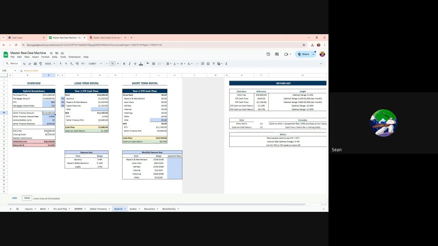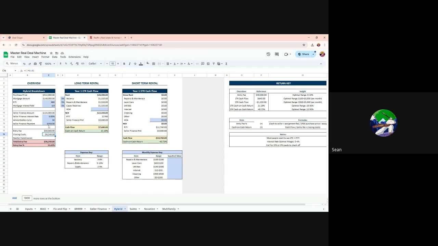We're going to be charging them a $30,000 entry fee. $20,000 is going to go to the seller. $10,000 goes to you for your assignment fee. And then they're going to be paying about $6,000 in closing costs. So in order for them to buy this $312,000 property that's going to cash flow $7,680 a year, they need to come to the closing table with $36,240.